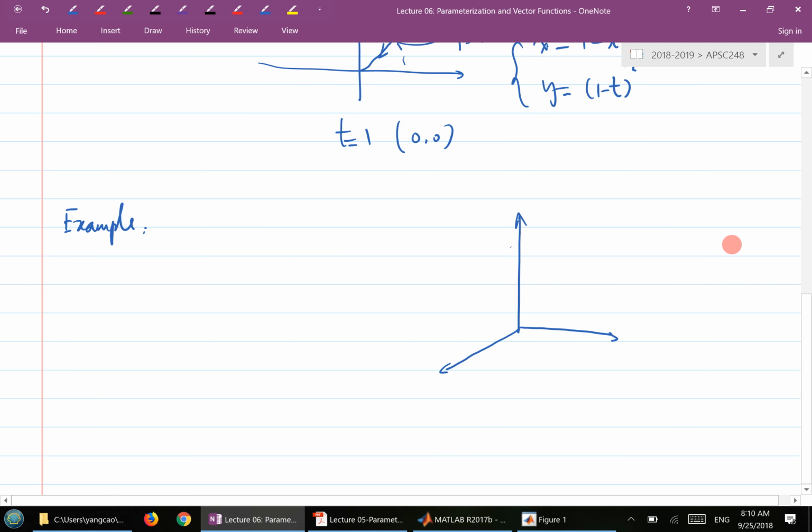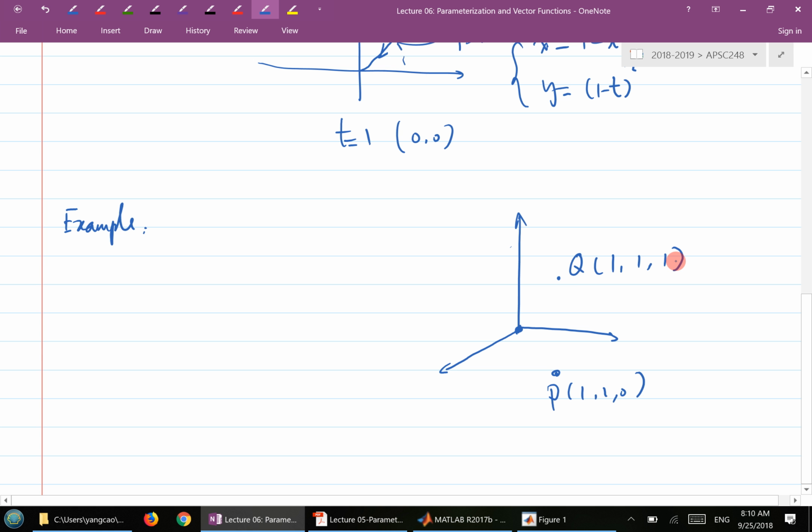this is actually part of one of the midterm questions some years ago, and it gives you 3 points. One is the origin, another is 1, 1, 0, and the last one is 1, 1, 1.